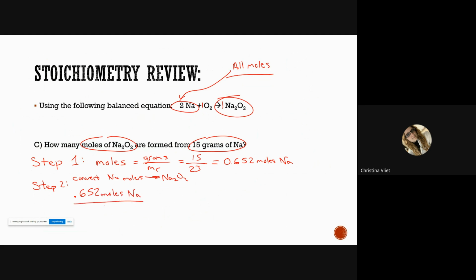I write that over 1. I put what I'm trying to cancel at the bottom, which is Na, so I put 2 at the bottom. I'm writing it this way because it's how I teach it, and how pretty much everyone in America teaches it. But you're dividing by 2. 0.652 divided by 2. So your final answer here should be 0.33.